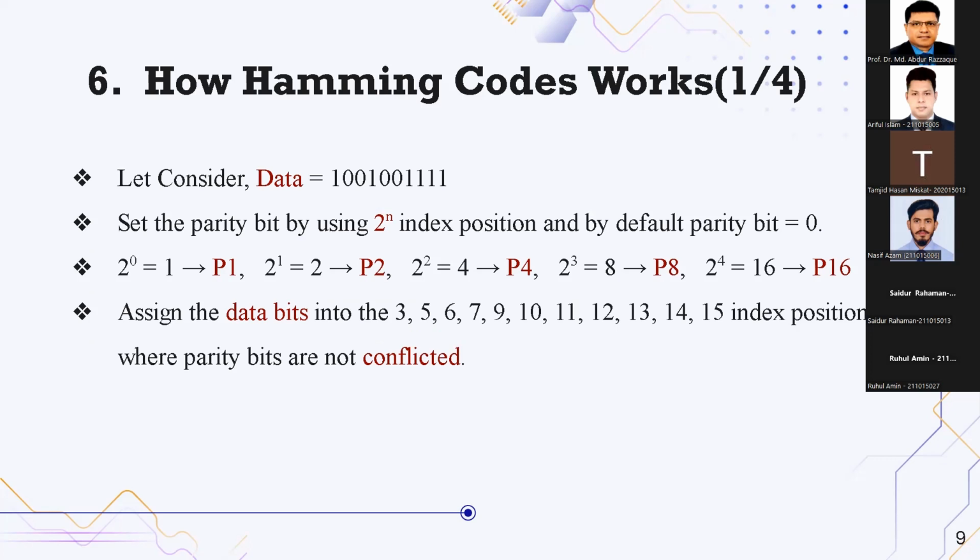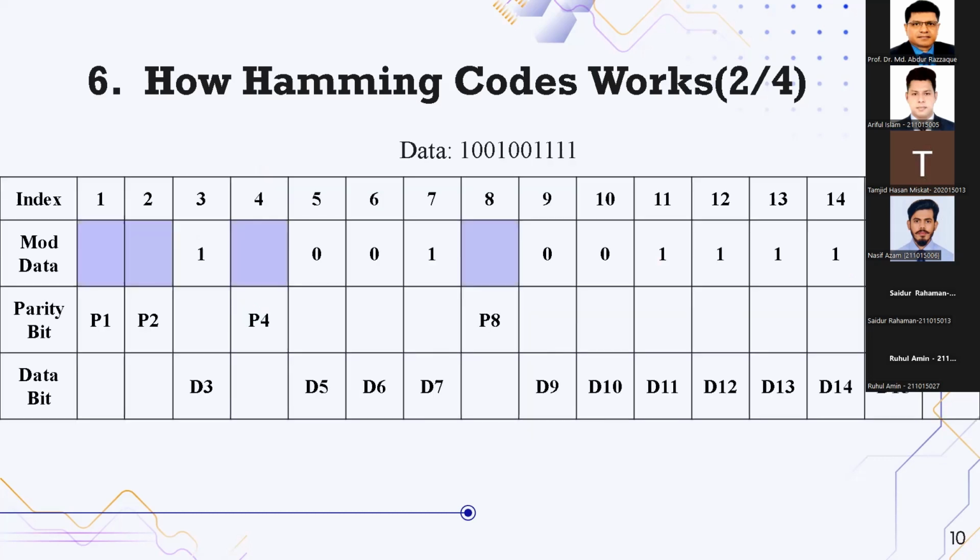When n is equal to 1, the second parity bit lies in the second position, and so on. Assign the data bits into the remaining positions, where parity bits and data bits are not conflicted. In this slide, now we have the mode data bits with the combination of parity bits and data bits, and they are not conflicted with each other.